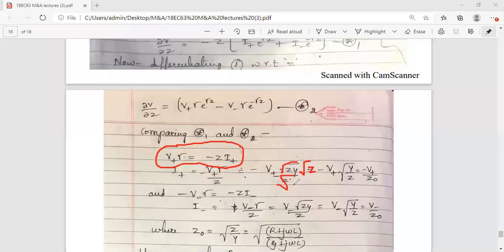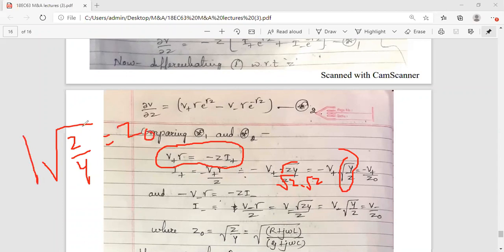or rationalize it, take Z can be written as root Z into root Z. If you solve it, Z cancels, you'll get root of Y by Z, and then root of Z by Y is equal to Z naught.